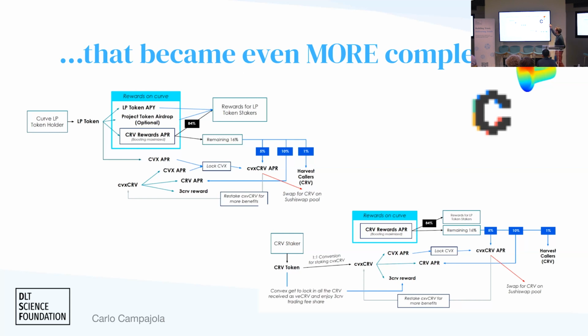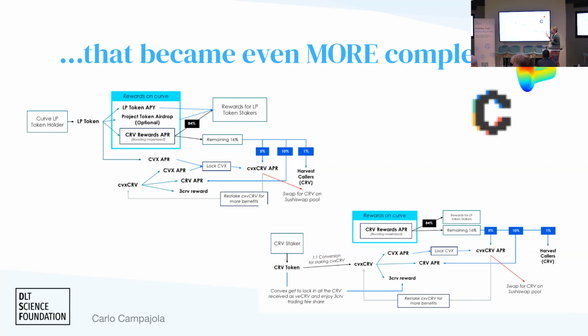So this is getting very complex, not convex. I'm not going to go into the details, but as you can see, there are quite a lot of arrows in here, right?